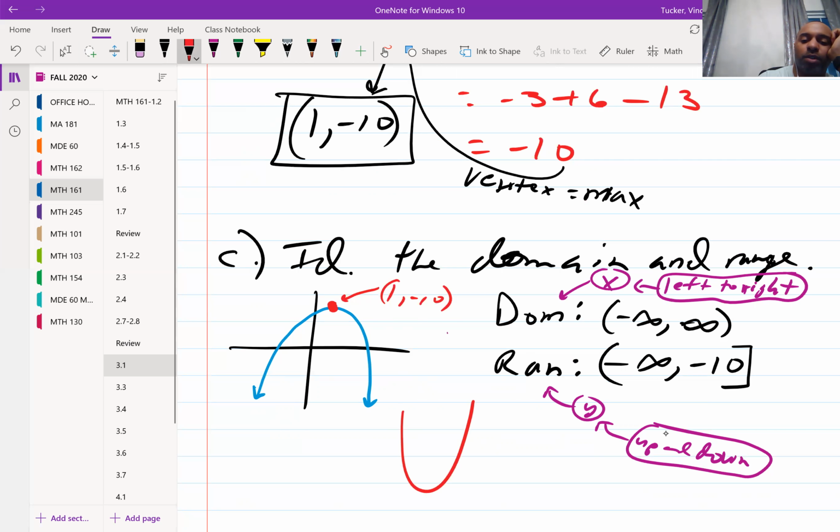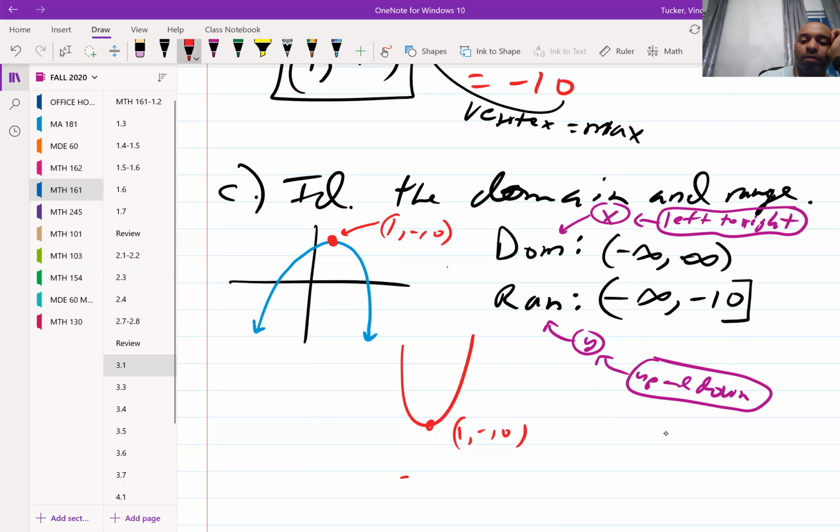If it was (1, 10) instead, your range would go from 10 to positive infinity. You always use your lowest value first. In our example, negative 10 is our maximum, our highest value. But if it opened concave up, negative 10 would be the lowest value, and it would go up to positive infinity.